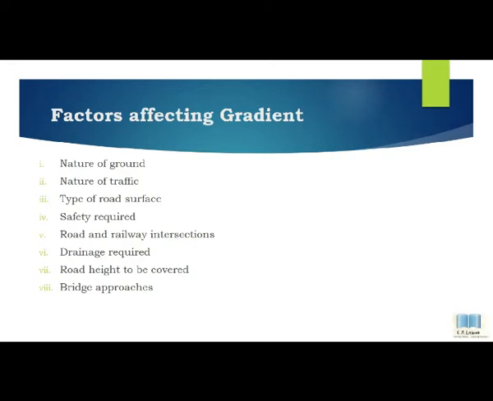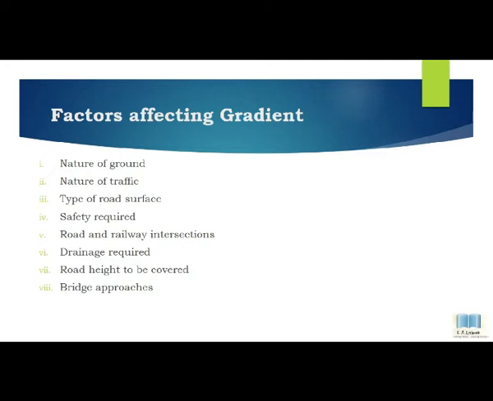Then the next is safety required. The safety required for the road also affects the gradient. Then the road and railway intersections. The intersection of road and railways also affects the gradient of the road. Then next is drainage required.